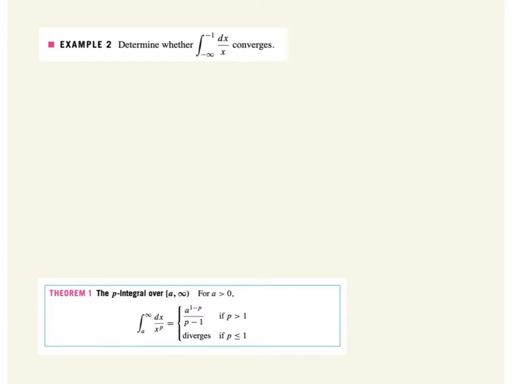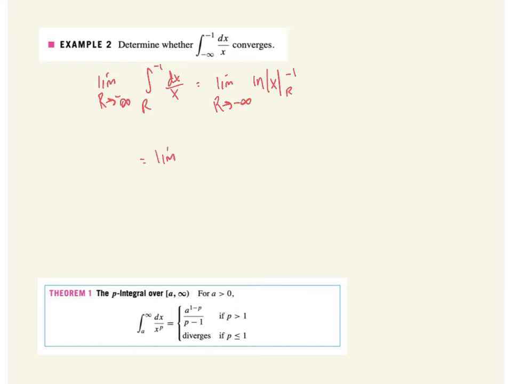This next one becomes first the limit as r approaches negative infinity of the integral from r to negative 1. So if we integrate it, then we have the limit as r approaches negative infinity of ln absolute value x from r to negative 1.